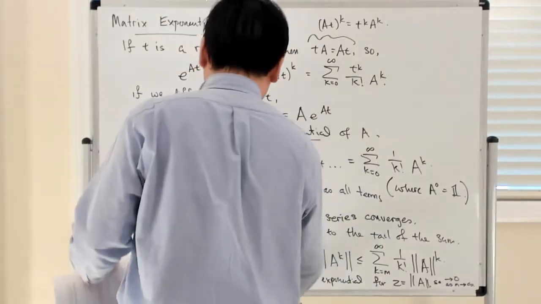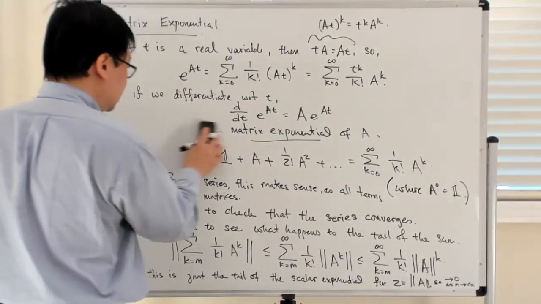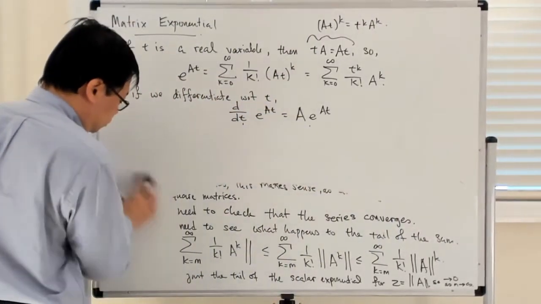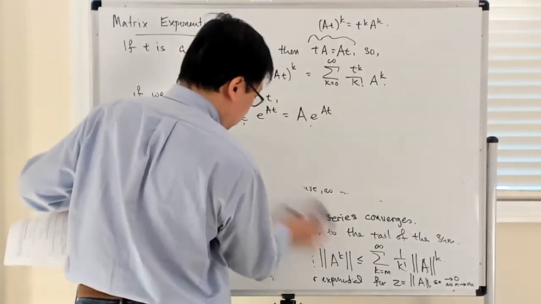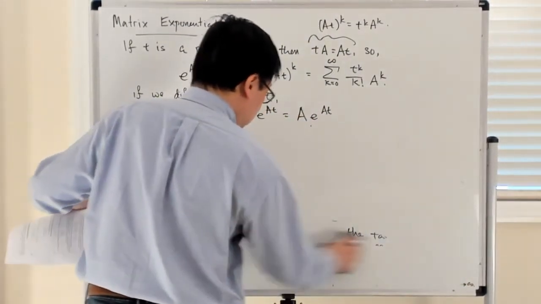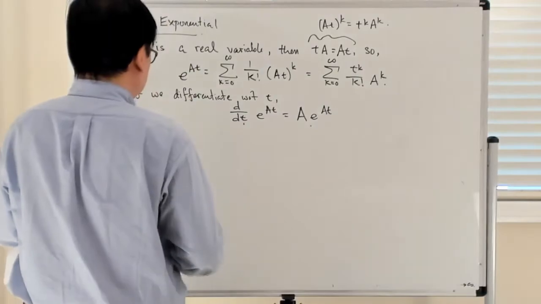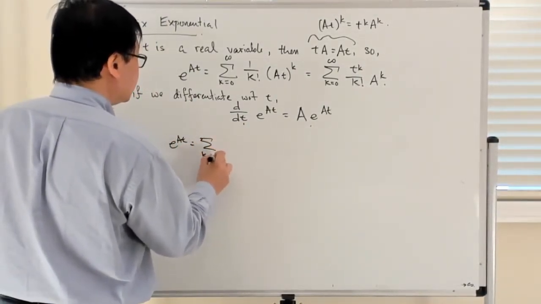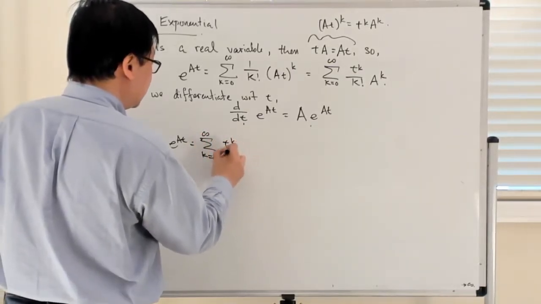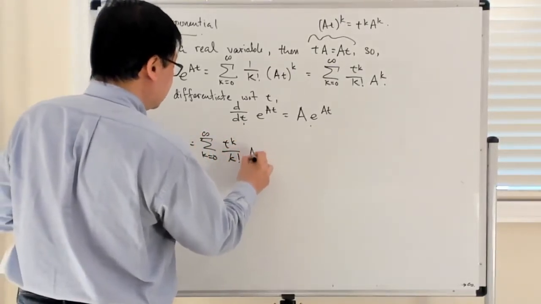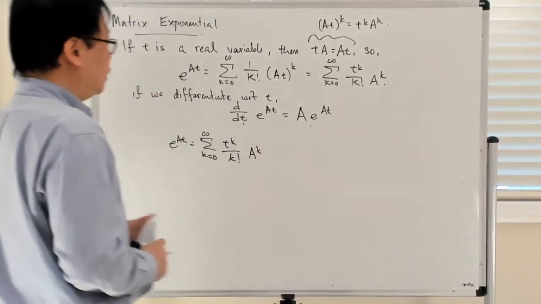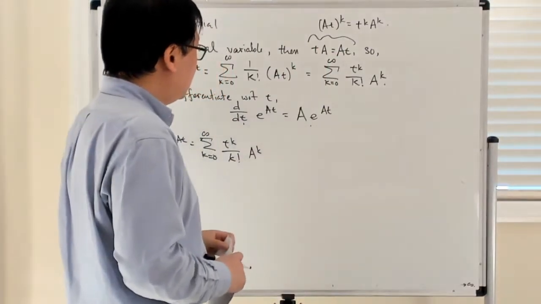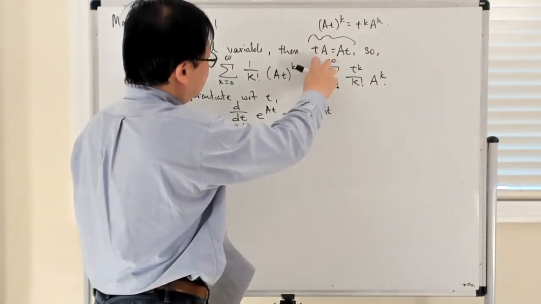Let me work that out in a bit more detail. So e to the At is the sum from k equals 0 to infinity of t to the k over k factorial, A to the k. Before I go on, you might think that the fact that it commutes is trivial, but it's less trivial if t was a matrix.